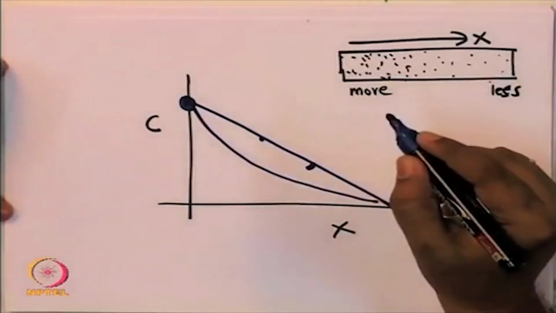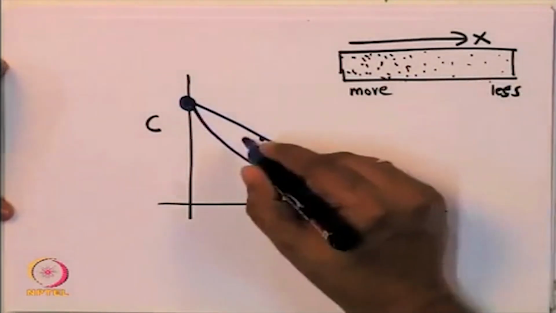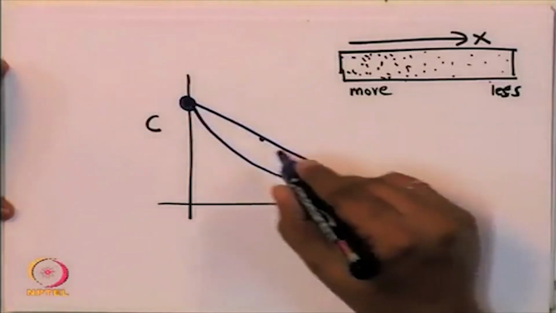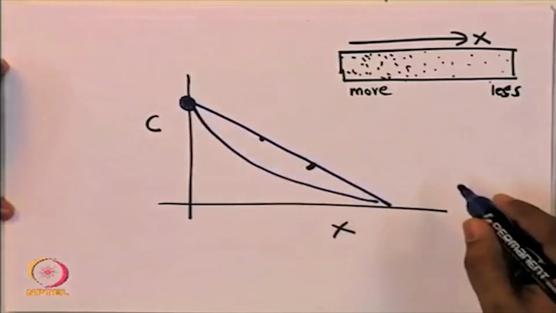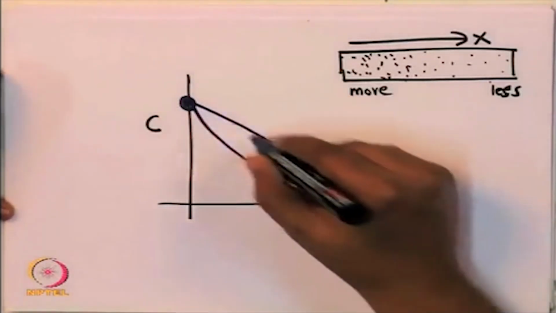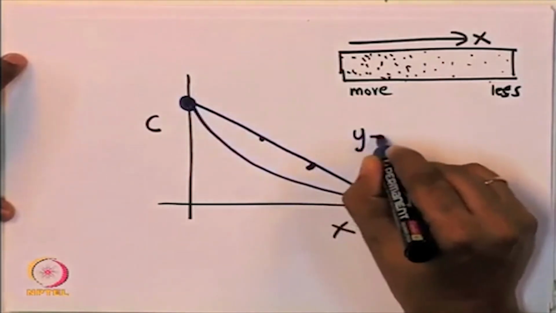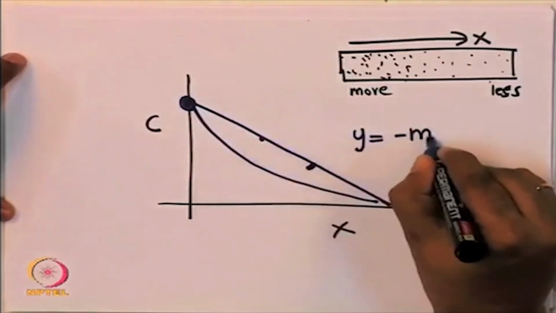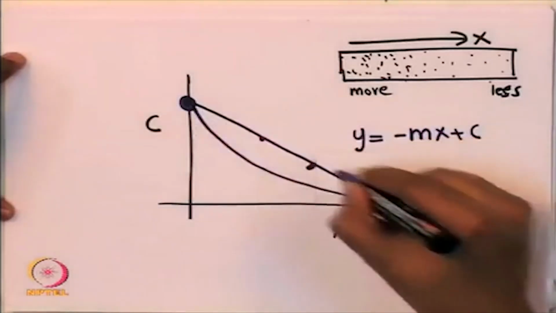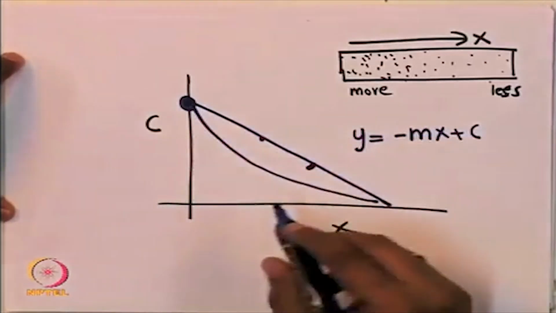That much is clear. Now, let us imagine the first case. We learned in calculus that if we have a straight line like this, the equation is y equals minus mx plus c, where this m, the slope, is negative. What does it mean?